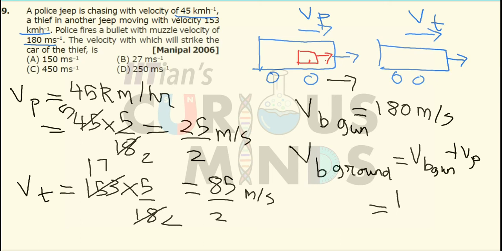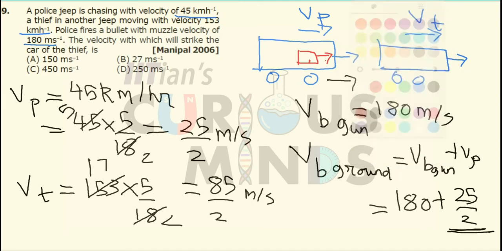So its velocity with respect to ground is 180 plus 25 by 2. This is the additional velocity it has achieved because the jeep itself is moving. This bullet will strike the vehicle with a velocity of 180 plus 25 by 2.